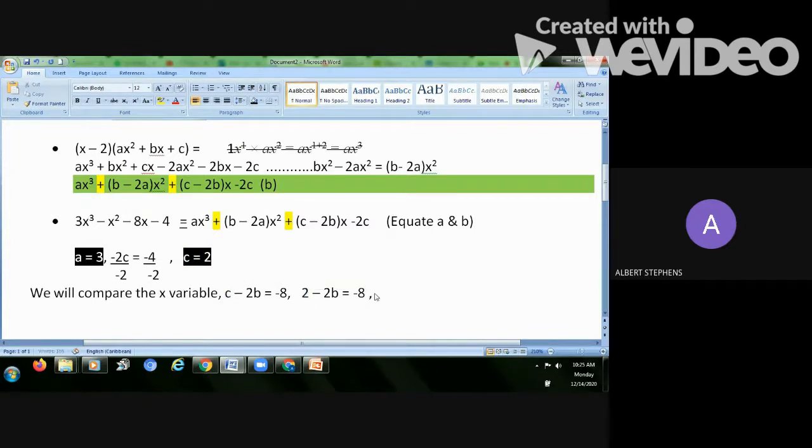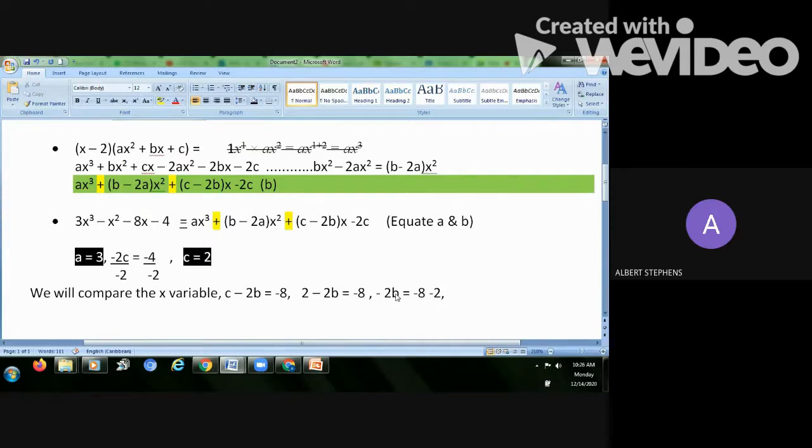You following, miss? Yes, sir. All right, so what I'm going to do, I'm going to subtract 2 on the left and 2 on the right. Or you could say you bring over plus 2, you get negative 2. So you're going to have negative 2b equal negative 8 minus 2. Not true?